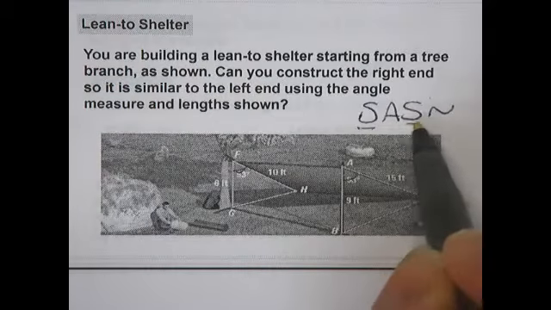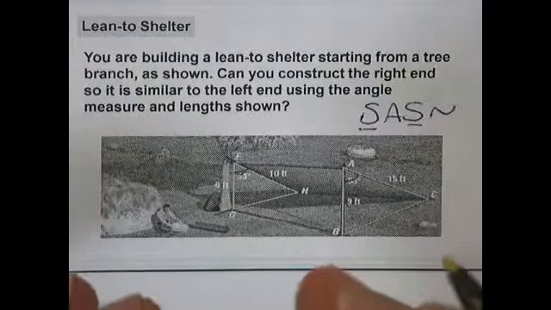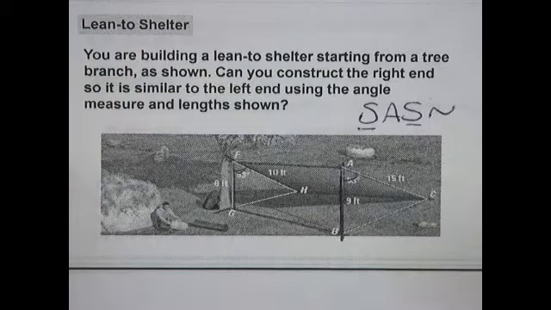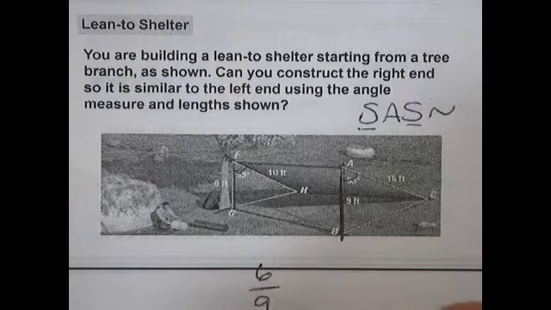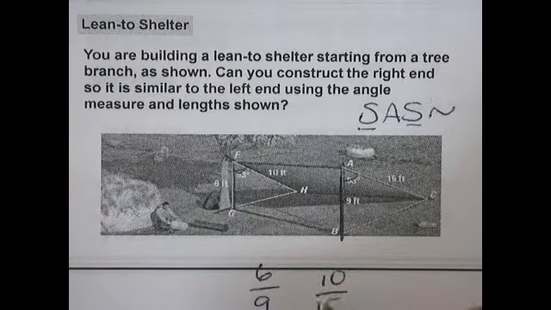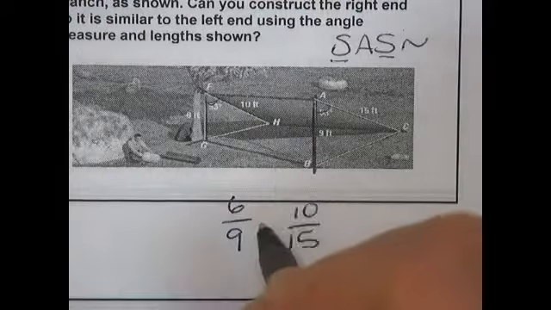When you're using side-angle-side similarity, just like with side-angle-side congruence, the two sides have to be the two sides that come together to make the angle of 53 degrees. So 6 is to 9 as 10 is to 15. We have to see if those are in the same ratio.